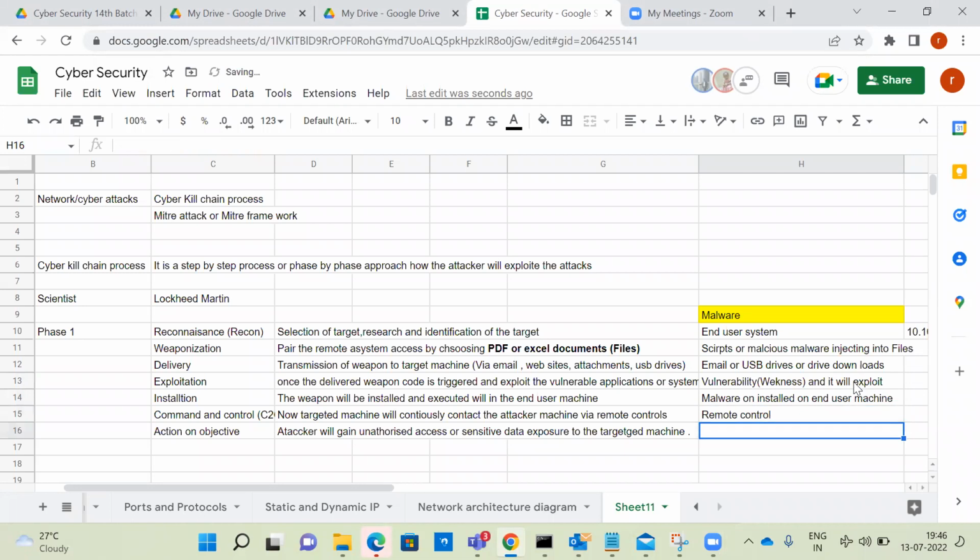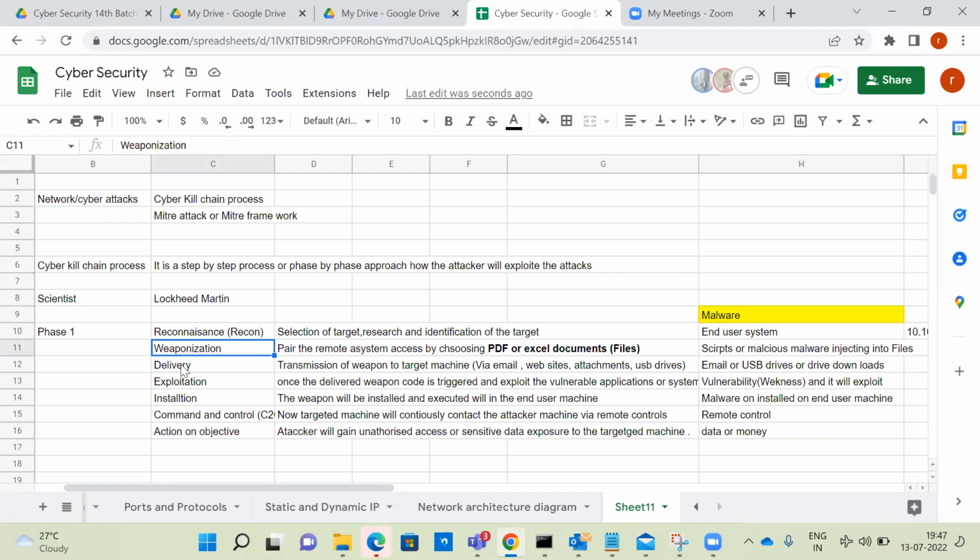Finally, actions on objective: either you need data or money. So this is the way this process will work, a step-by-step or phase-by-phase approach. The attacker will choose the target. In weaponization, he will choose the weapon: how can we enter into the organization, what weapon do I have to choose.